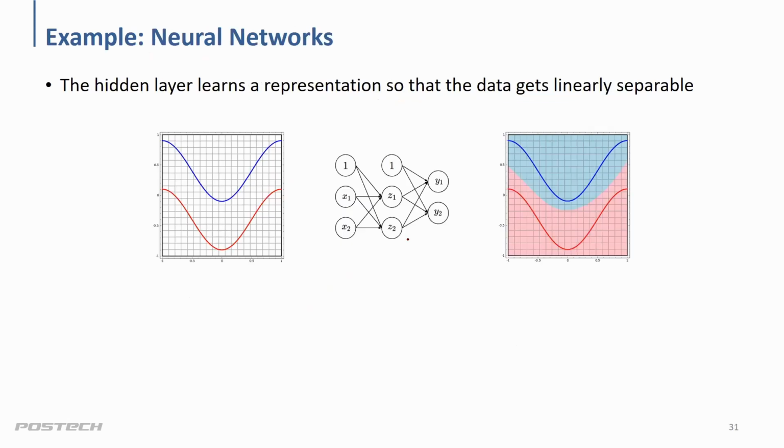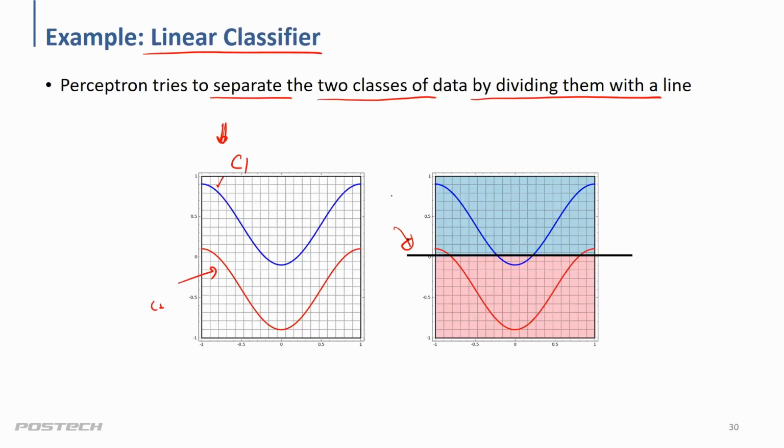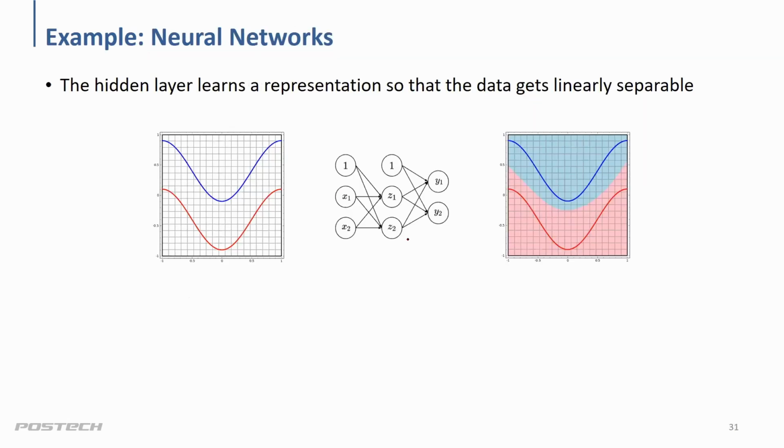So I want to solve this problem using an artificial neural net, or MLP, multi-layer perceptron. We have x1 and x2, and the bias terms. Here, I probably need at least 2 hidden units, I think that's the minimum.